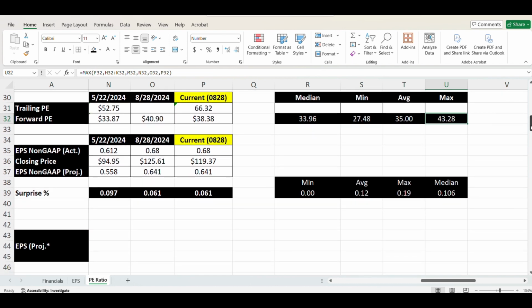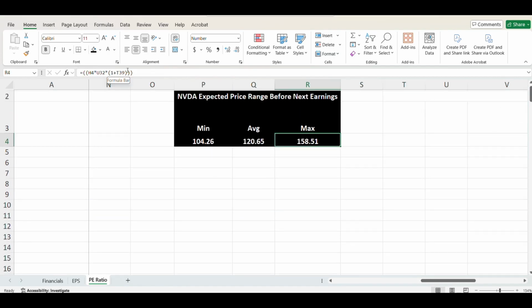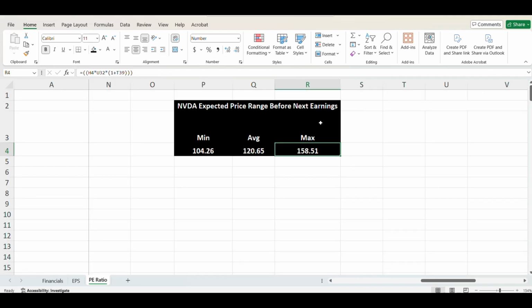The third factor, I'm using the maximum earnings surprise percentage, and that is this one, T39. So U32 and T39. So that gives me the maximum value of Nvidia price projection as 158.51. So these min, average and the maximum values are good for the next 3 months before the next earnings.